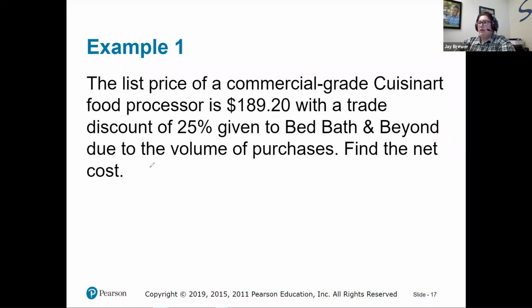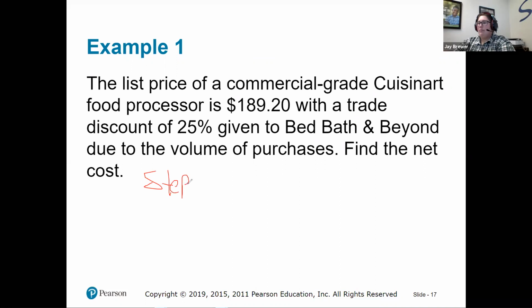So first thing you have to do, step 1, we need to find what 25% is of 189.20. So find that out first. And what do we get there?